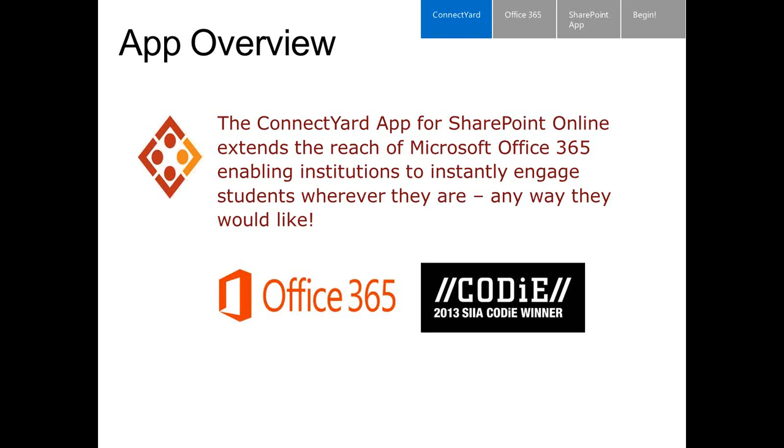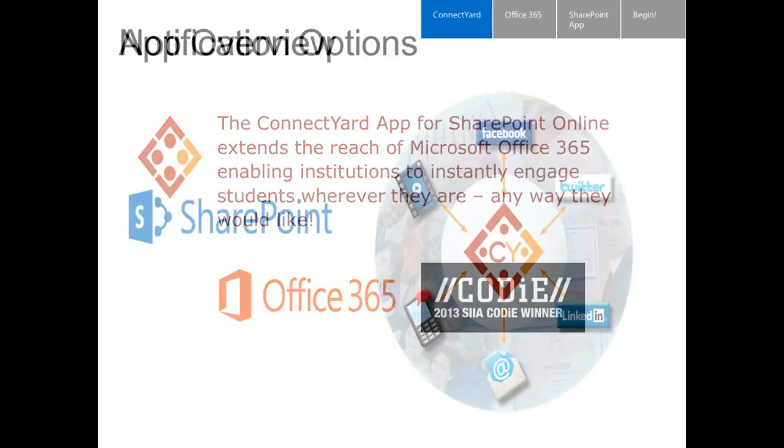It allows you, for example, to post announcements in SharePoint that are then delivered to those users in any way that they choose. They can opt to receive them on Facebook, Twitter, LinkedIn, on their mobile devices, or even as email. Users also have the option of not only receiving these alerts, but also replying to them. So if you'd like to allow for two-way conversations, which is great for increasing engagement, you can certainly do that.